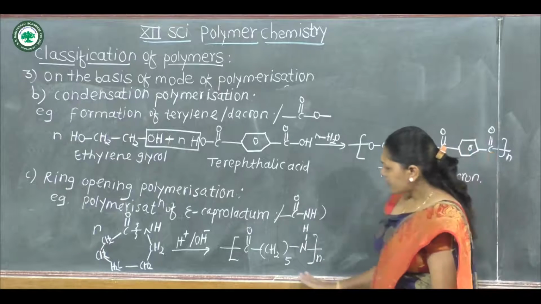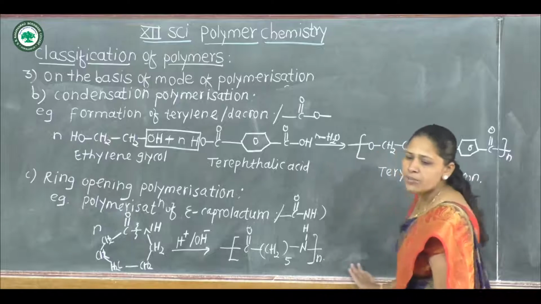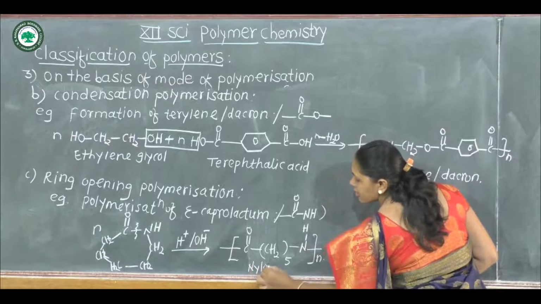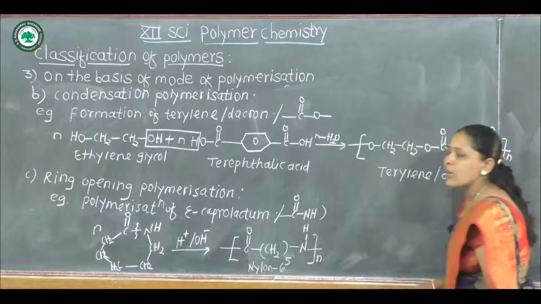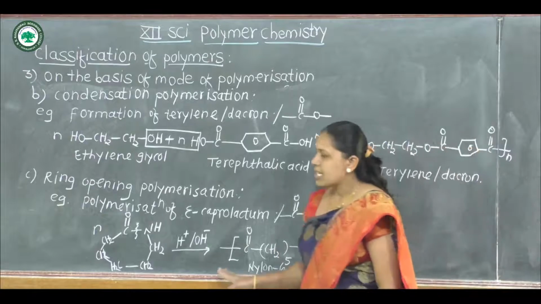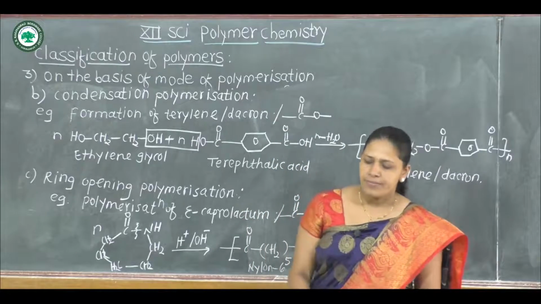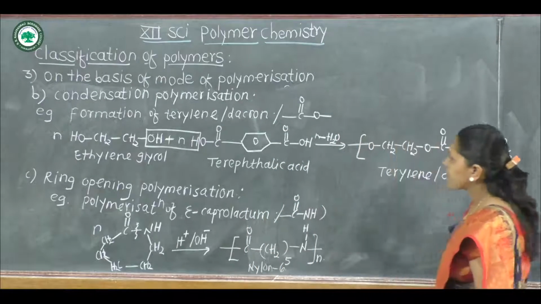This is nylon 6 polymerization. It is nylon 6. Why is it called nylon 6? Because it consists of six carbon atoms, therefore it is called nylon 6.